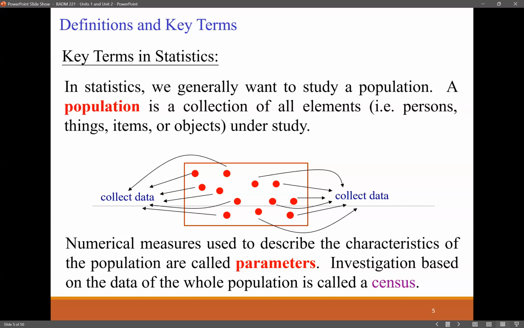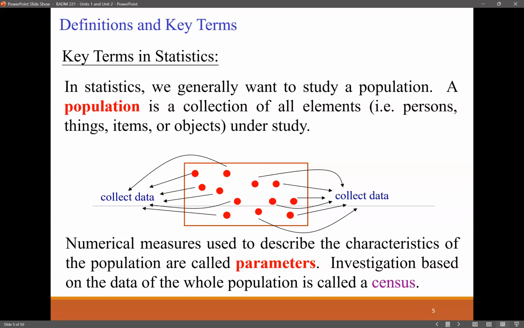We can also say the whole Vancouver is a population, and in that population, New Westminster is a sample, Burnaby is a sample, Surrey is a sample, and so on. So it can be a collection of all elements which you want to study.